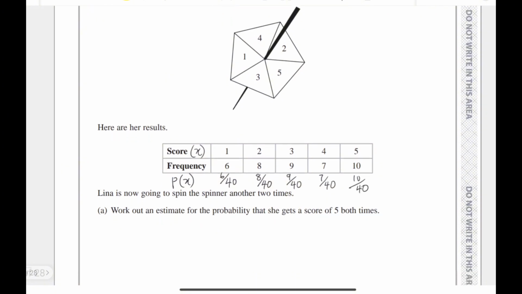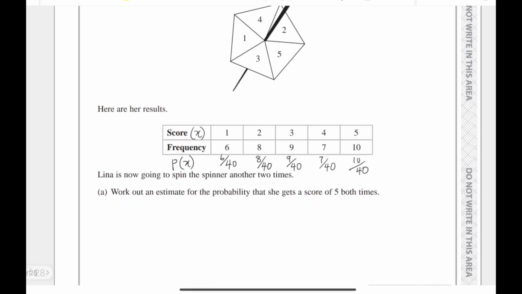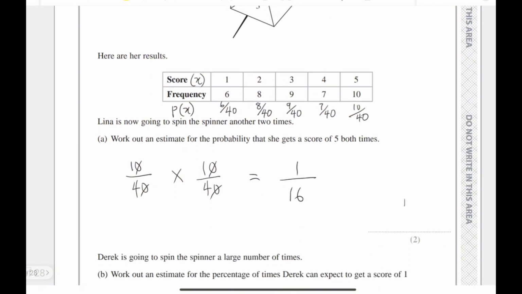So the probability of getting a score of 5 both times is going to be probability of 5 the first time times the probability of 5 the second time. So that will be 10 over 40 times 10 over 40. So 0 we cancel 0, 0 we cancel 0. So 1 times 1 is 1 and 4 times 4 is 16. So that is 1 out of 16.